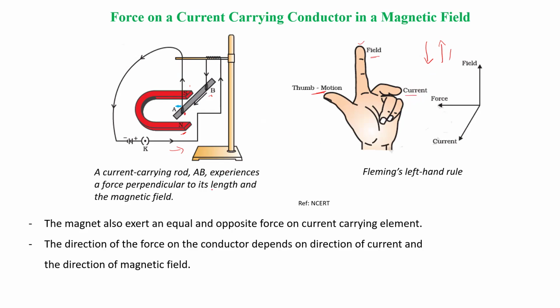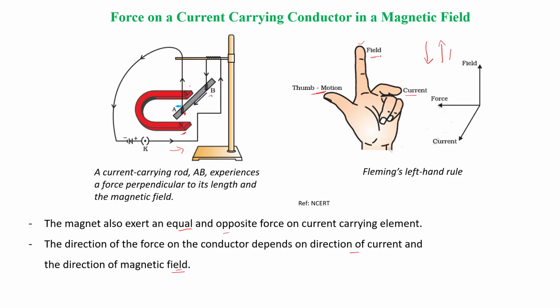The third parameter we can find. The magnet also exerts an equal and opposite force on the current carrying element. Both have equal capacity to exert equal and opposite force, and the direction of the force on the conductor depends on the direction of the current and the direction of the magnetic field.